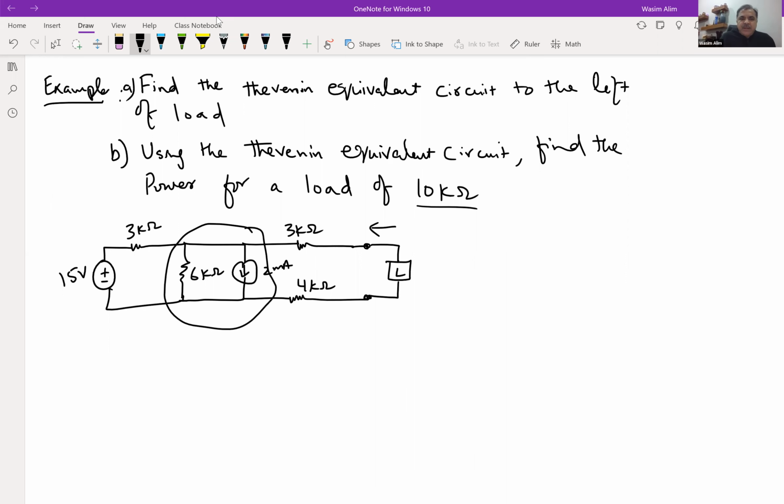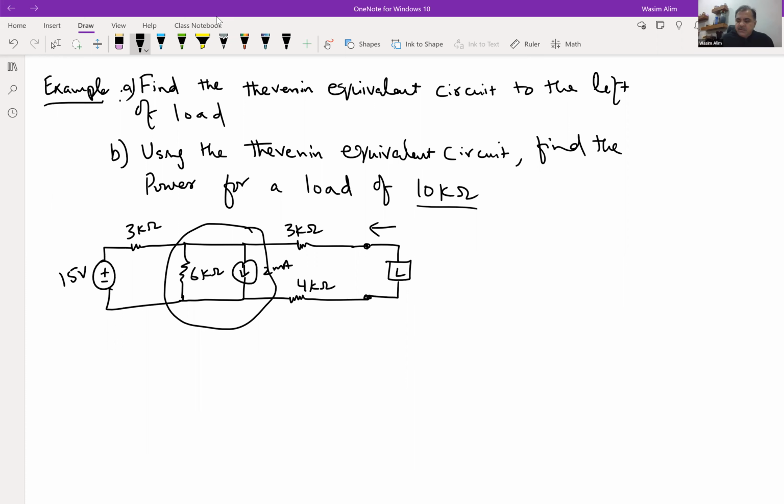But if you spot that and go through by converting the 15 volt source to a current source, that is also fine. It just adds one additional step where you would combine the two resistors in parallel together and then bring it back to the voltage source by applying another step of source transformation.